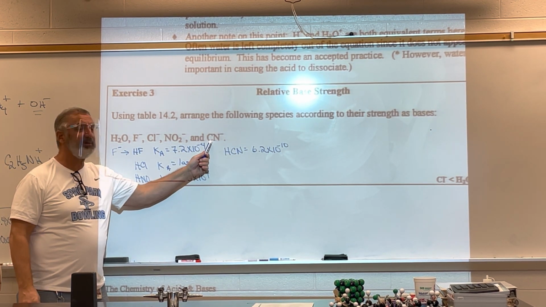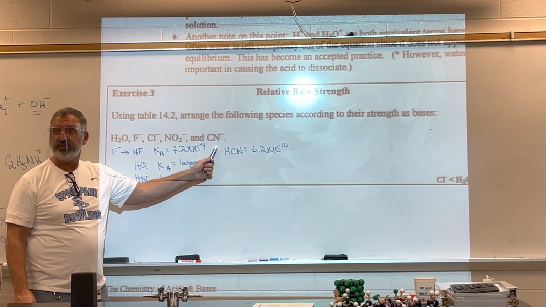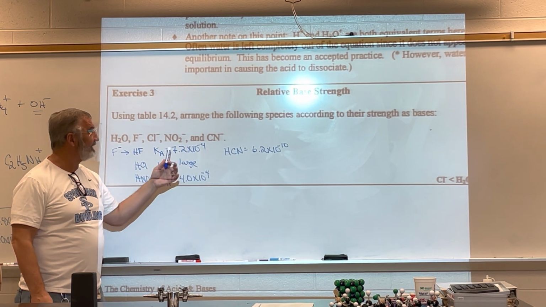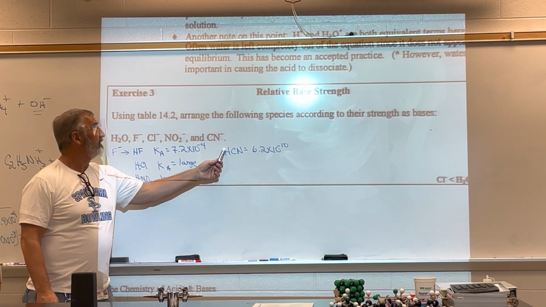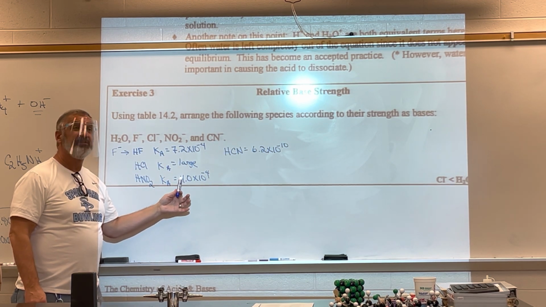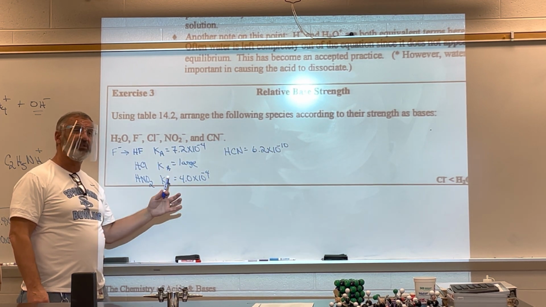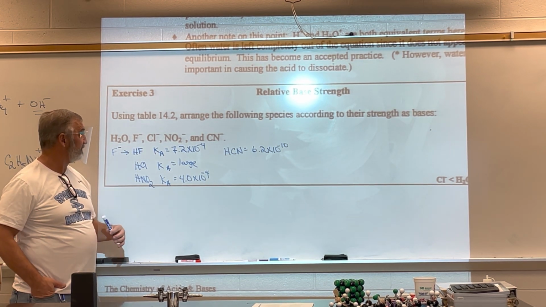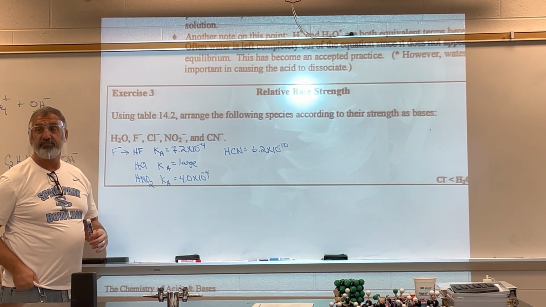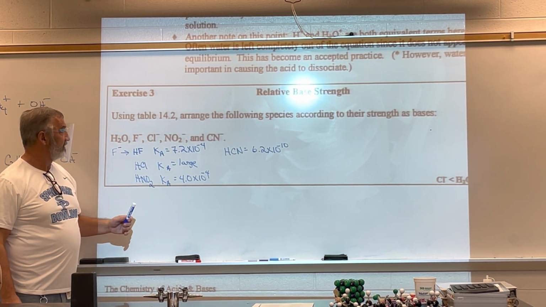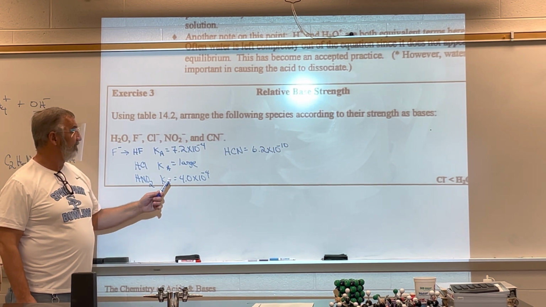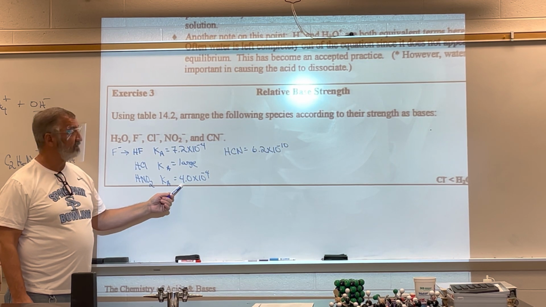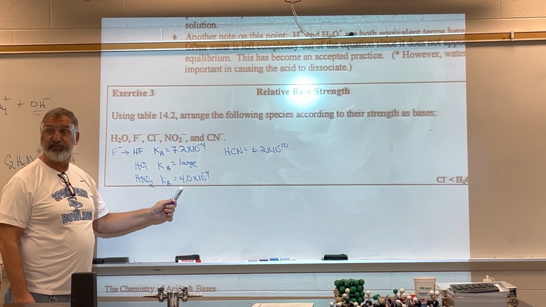HCN, right? So what does that mean about the CN minus being the conjugate? It's the strongest conjugate base, right? So I look at the acid from which it came, the value of the Ka: the stronger the acid, the weaker the conjugate is going to be. So which one's the next weakest? I would say that that number is bigger than that number. Is it not? They're both 10 to the minus 4, but 7 is bigger than 4.